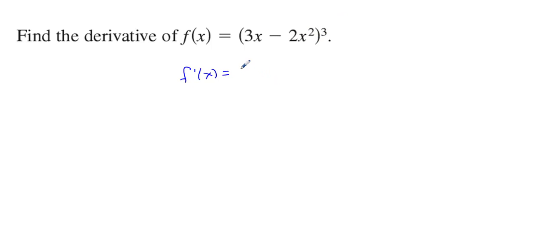So the derivative of a cubic function would be 3 times the stuff on the inside squared times the derivative of the inner function, which would be minus 4x, like that.